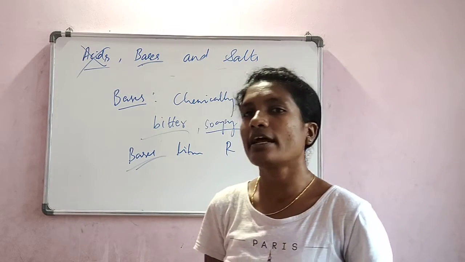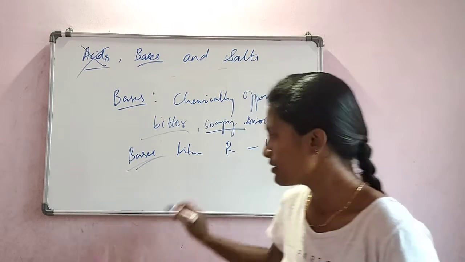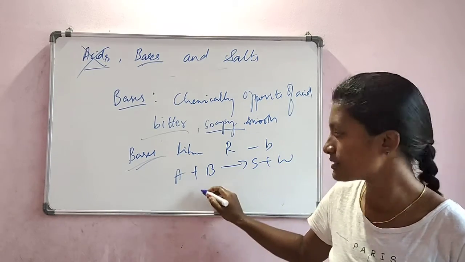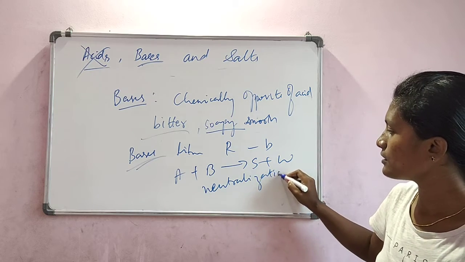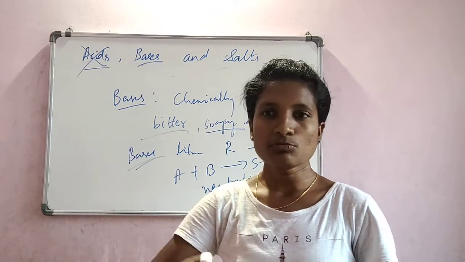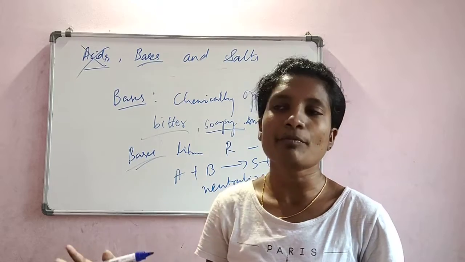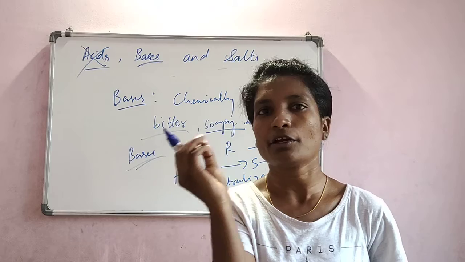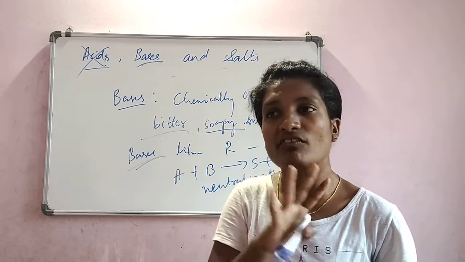Now, when an acid and a base come together, when they both react, which we studied in the properties of acid, an acid and a base give a salt and water. This is called neutralization. What do you mean by neutralization? The acid is more powerful, it is corrosive in nature, it can conduct electricity, it carries lots of properties. When it comes in contact with a base, like HCl coming in contact with NaOH, which is a base, the property of acid is completely vanished.